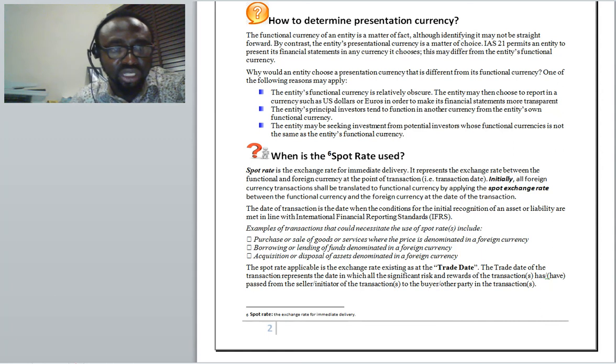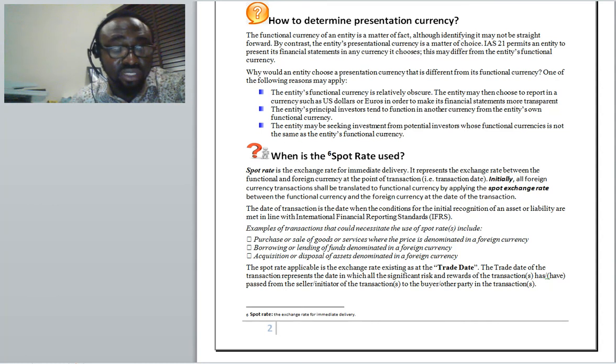All of this requires the spot rate as the exchange rate that should be used in the translation of the transaction engaged in. The spot rate applicable is the exchange rate existing as at the trade date.